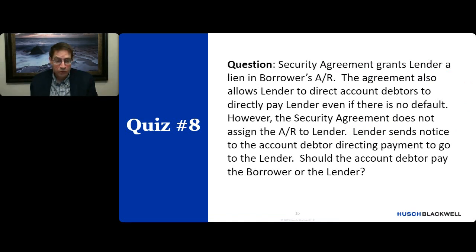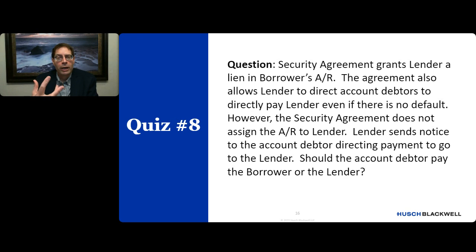So this next one is our quiz number 8. And in this situation, you had a security agreement that granted a lender a lien in the borrower's accounts receivable. And what was unique about this case is the agreement also allowed the lender to direct account debtors to pay the lender directly, even if there wasn't a default under the loan agreement, okay? But the kicker here is that the security agreement didn't assign the accounts receivable to the lender.